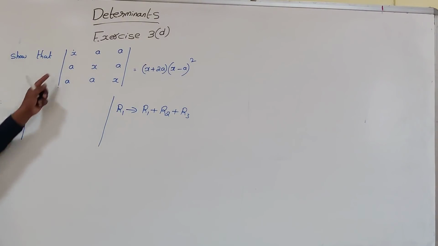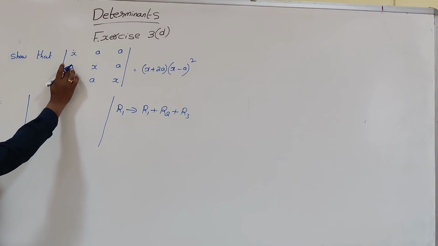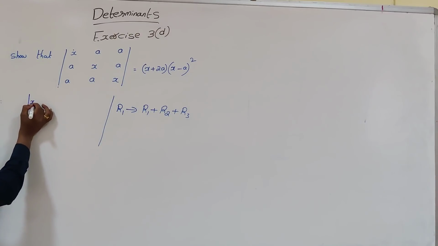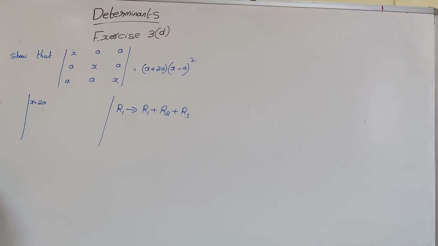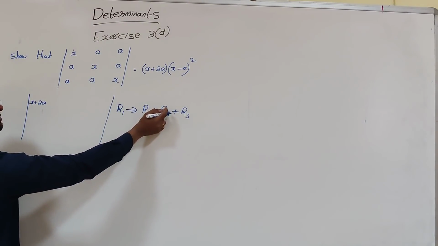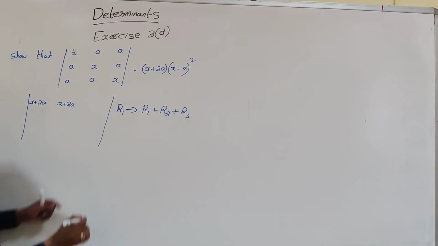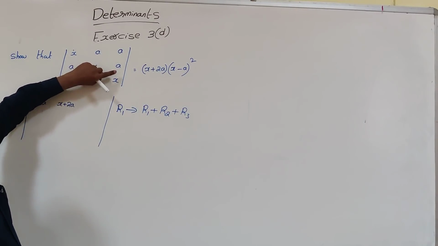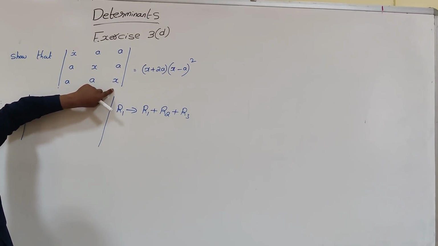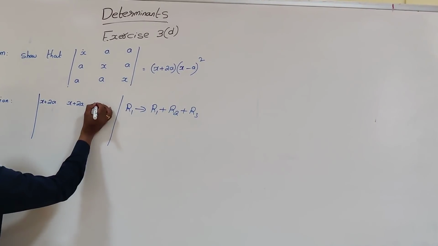The determinant doesn't change. So x plus a with corresponding a, x plus a plus a, it will be x plus 2a. Similarly, a plus x plus a, again it will be x plus 2a. A plus corresponding element of row 2, a plus corresponding element of row 3, x. A plus x, it will be x plus 2a.